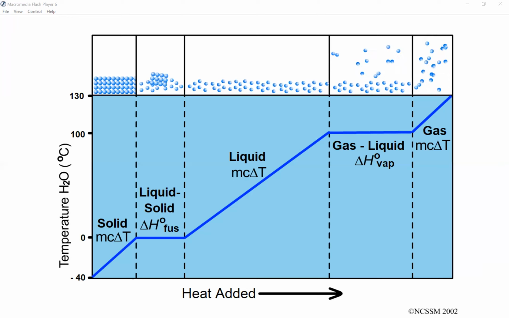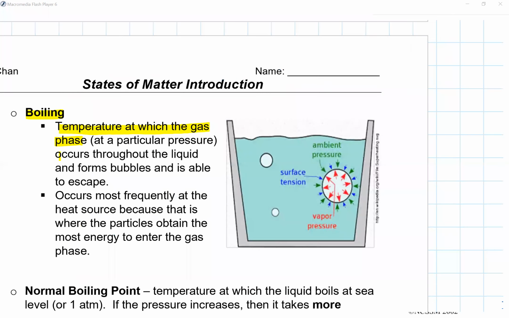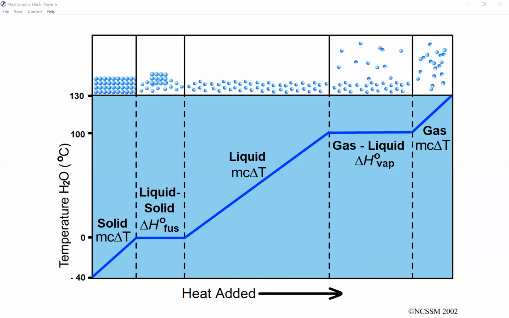Now, we contrast that with boiling. What is boiling? Boiling is the temperature at which the gas phase occurs throughout the liquid and forms bubbles and is able to escape. So basically, the particles have enough energy, not only at the surface, but throughout the entire liquid.